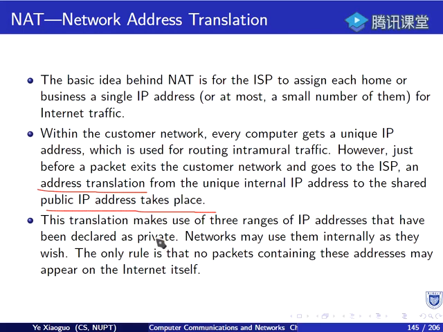This translation makes use of 3 ranges of IP addresses that have been declared as private. Networks may use them internally as they wish. The only rule is that no packets containing these addresses may appear on the internet itself.